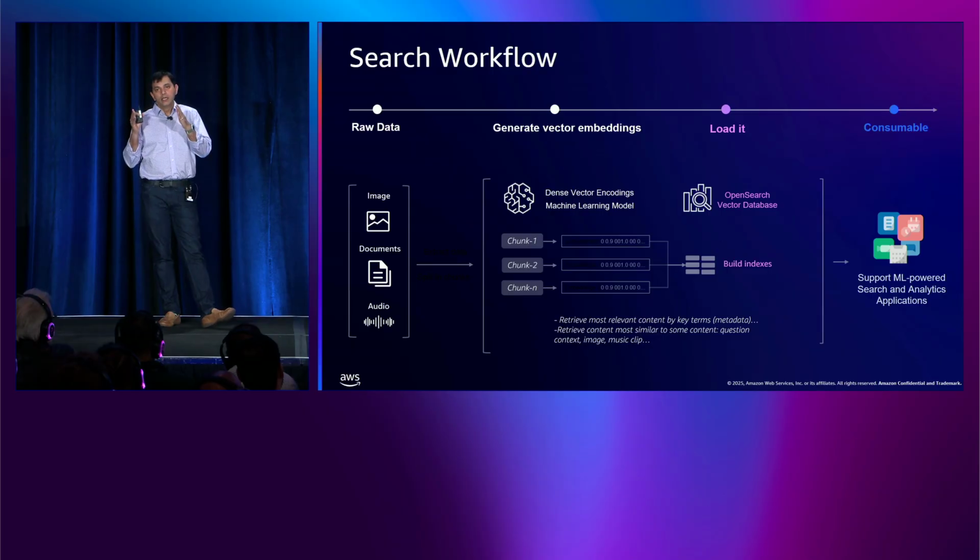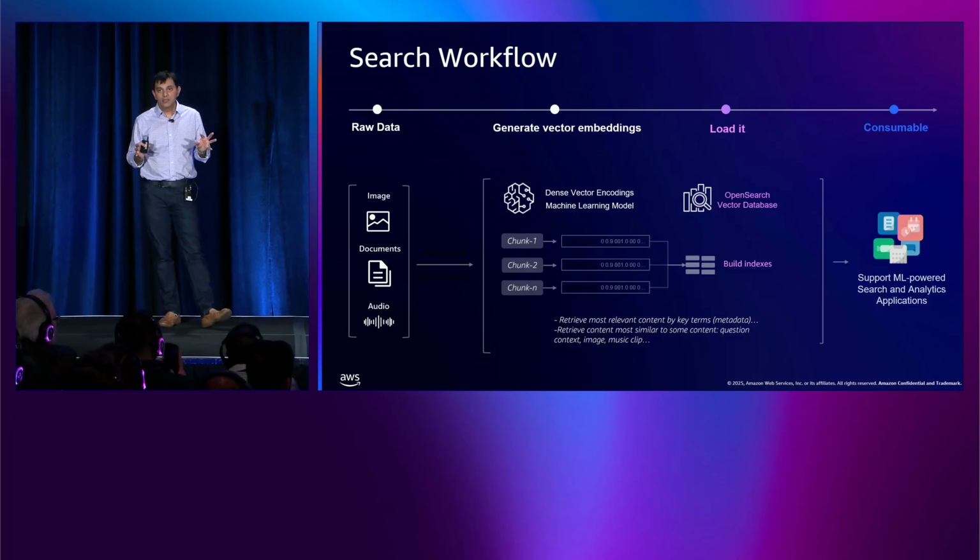So you'll have a lexical index, you'll have a vector index, and you store that information in OpenSearch. Then when you get a query, you're able to use both these indices to retrieve the relevant documents and then do re-ranking if necessary and surface those documents or the results to your user. So that's a typical search workflow that we see.